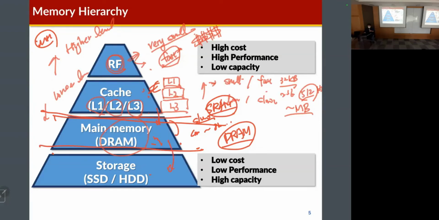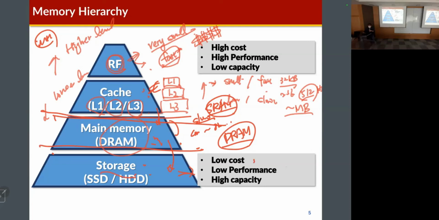Under this main memory, we can find the storage like SSD or hard disk drive. The size of the storage is very large compared to the main memory, but it's very slow. Usually the hard disk drive is much slower than the SSD, but SSD is also slow, 1,000 times slower than the DRAM. But what is the benefit of these storage devices? It's low cost.